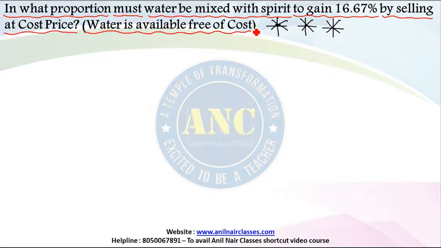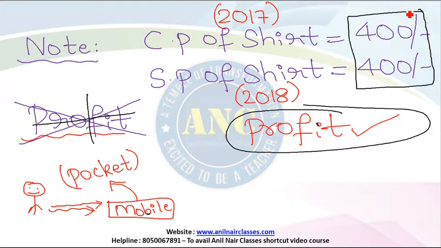Now see here, they are saying that by selling at cost price, that means whatever price you purchased at, the same price you are selling it at. You will initially say that, sir, there is no profit if I sell it at the same price at which I have purchased.